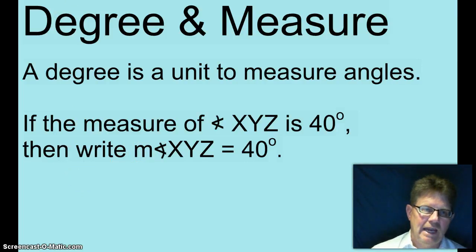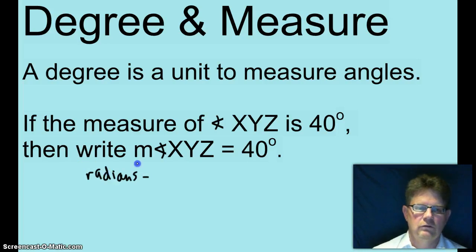You'll learn in trig class later on that you can measure angles in radians, and 1 degree equals pi over 180. You'll learn more about that when you get to trig.